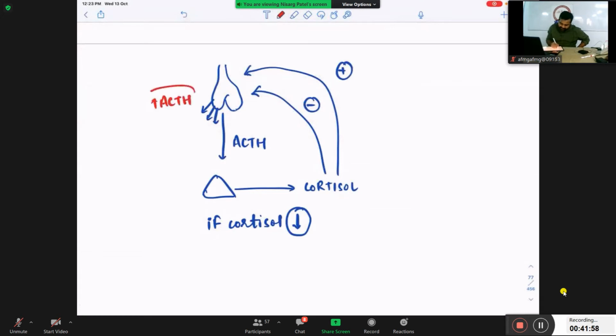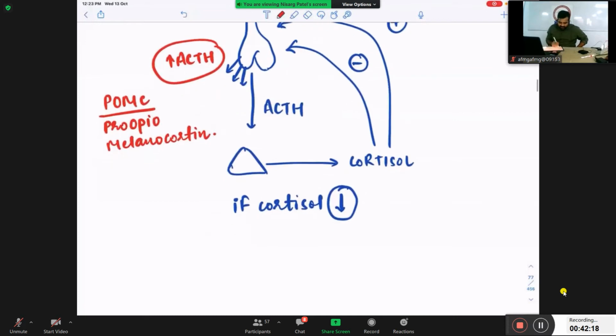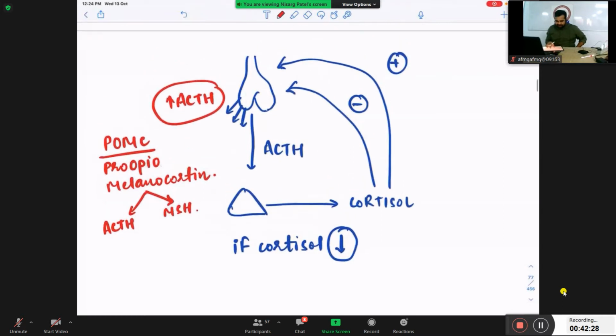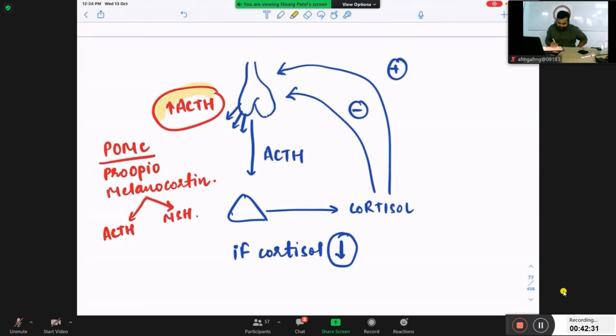and because of this the pituitary has to increase the ACTH, right? But how is this ACTH formed? ACTH is formed from pro-opiomelanocortin. So कैसे बनता है? Pro-opiomelanocortin is divided into ACTH and MSH. So what is happening? If my pituitary is required to secrete more ACTH, what will happen?